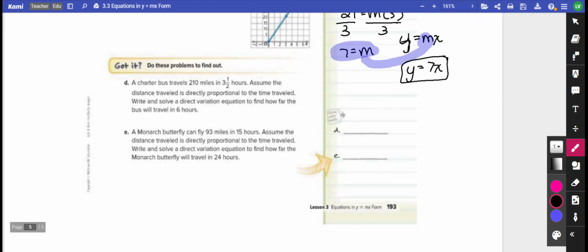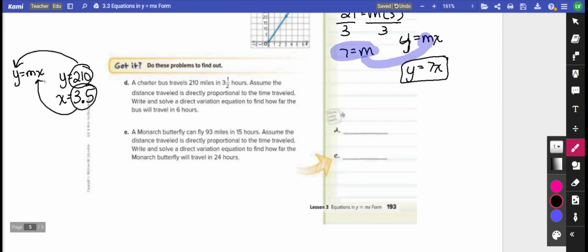So if I know that it is y equals mx, y is 210, x equals 3 1/2, so I'm actually going to make that 3 5/10. I'm going to plug that into my equation. 210 goes in for y, 3 5/10 goes in for x.